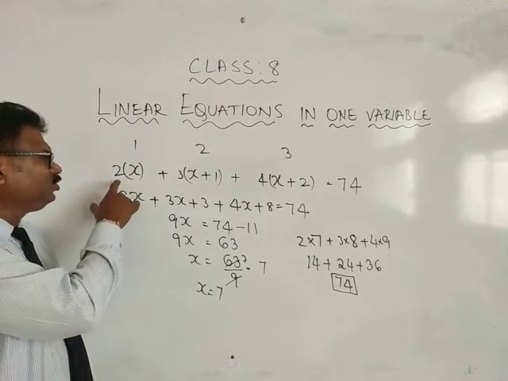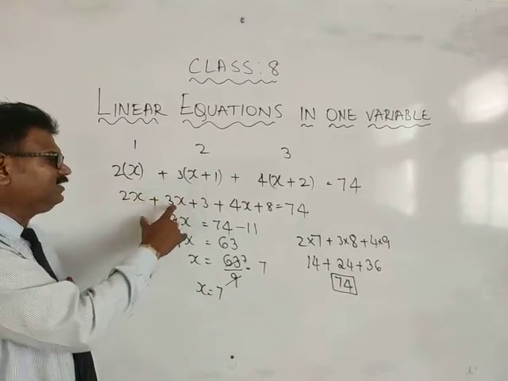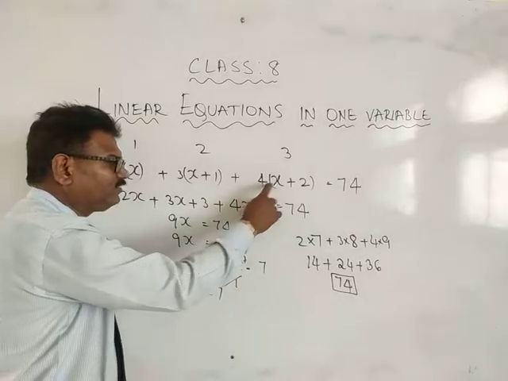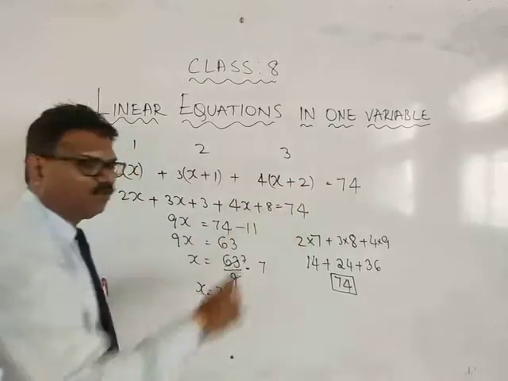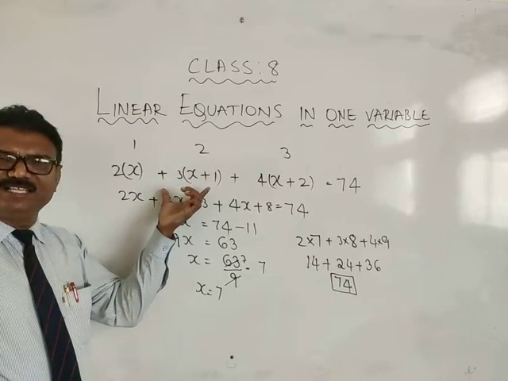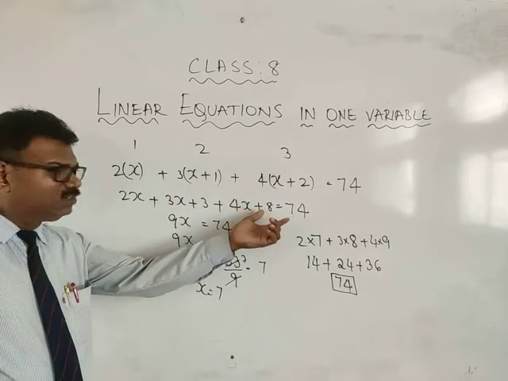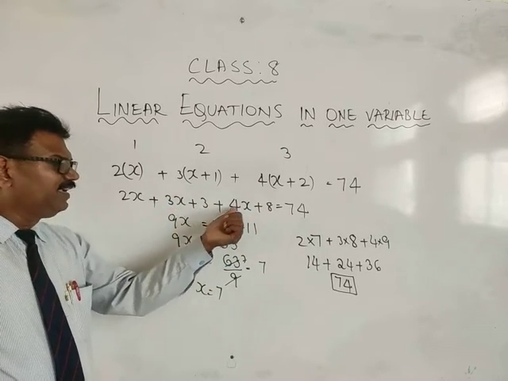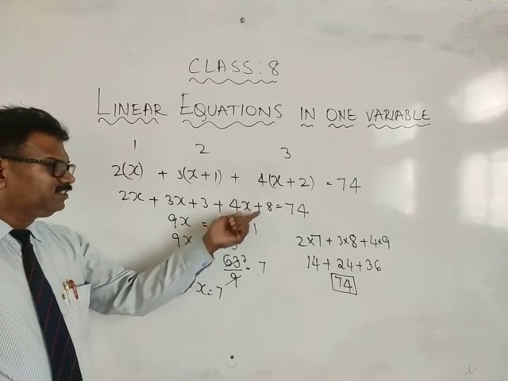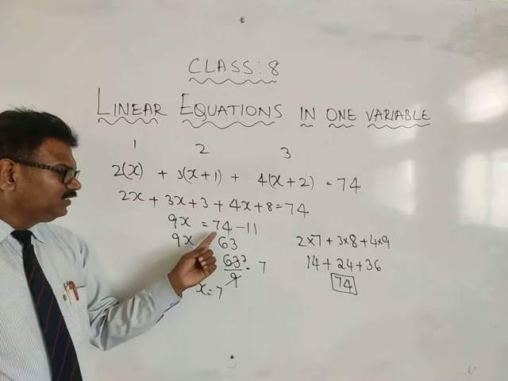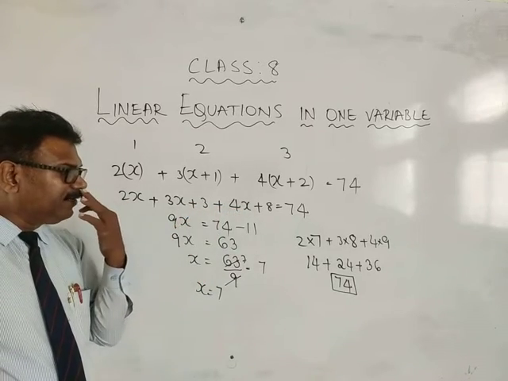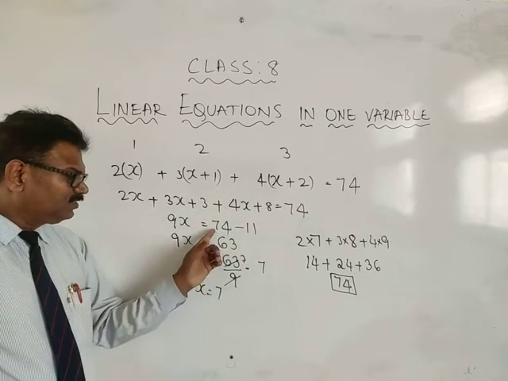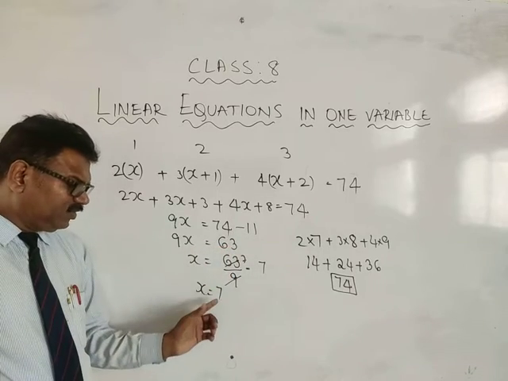When you multiply, 2 into x is 2x, 3 into x is 3x plus 3 into 1 is 3, 4 into x is 4x plus 4 into 2 is 8, equal to 74, because when you add all three, the sum is 74. Now 2x plus 3x is 5x, 5x plus 4x is 9x equal to 74. 3 plus 8 is 11; moved to the right side it becomes minus 11. So 74 minus 11 is 63 and x equals 7.